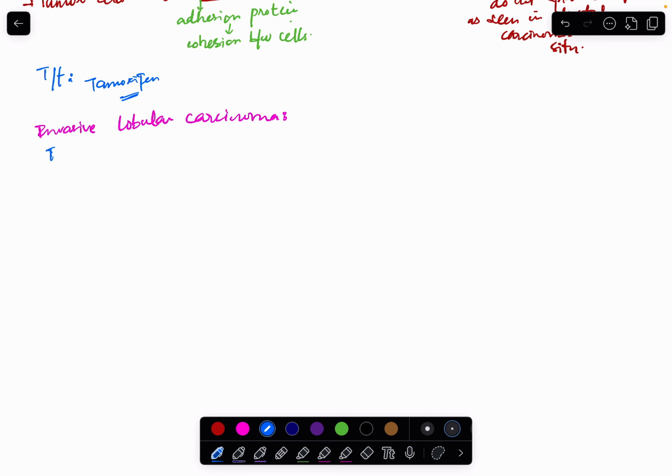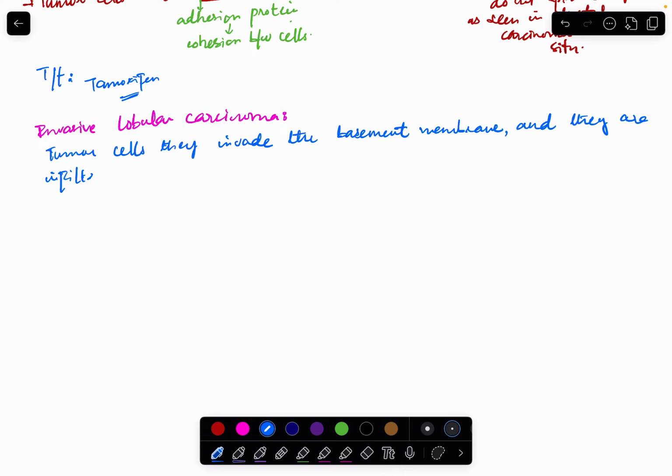Tumor cells invade the basement membrane and they are infiltrating the stromal cells as a single file pattern.